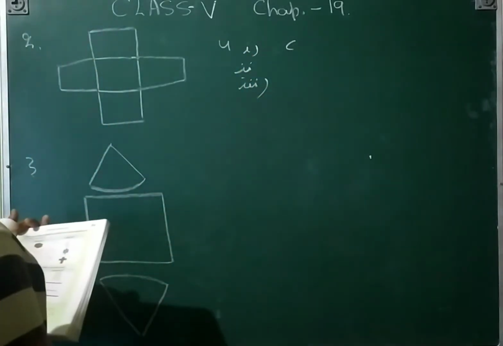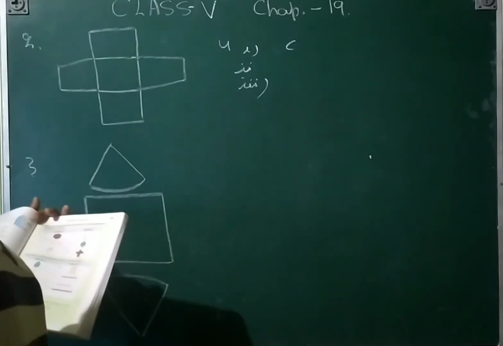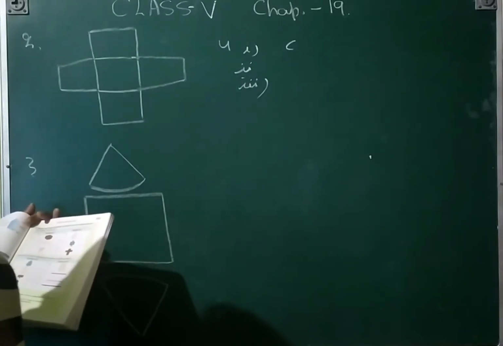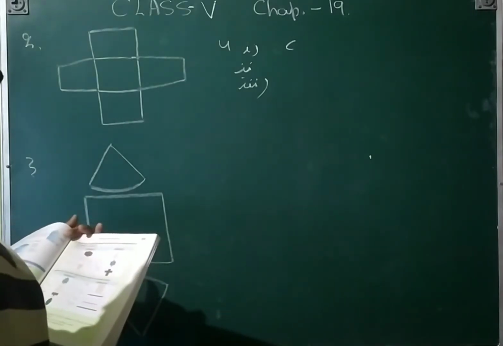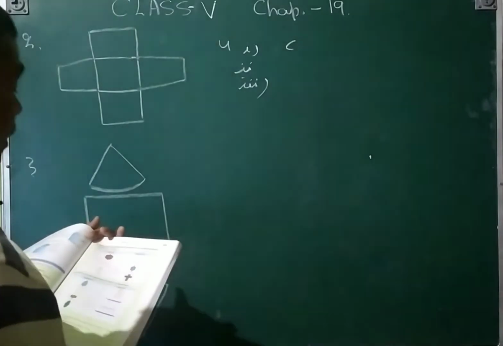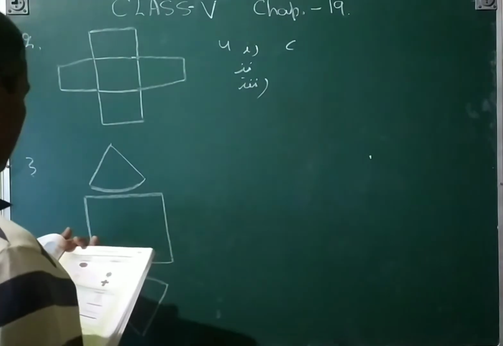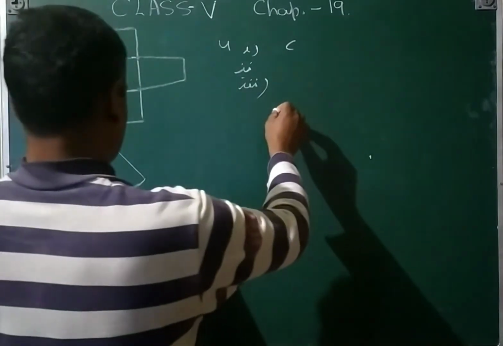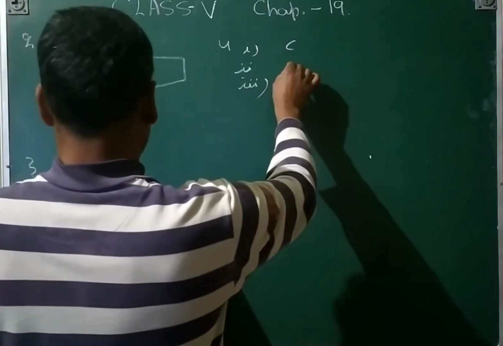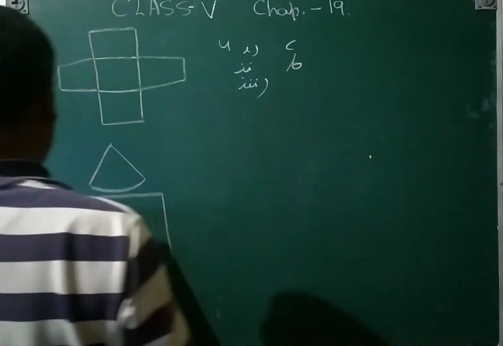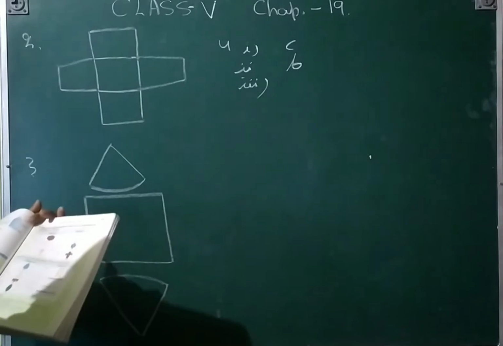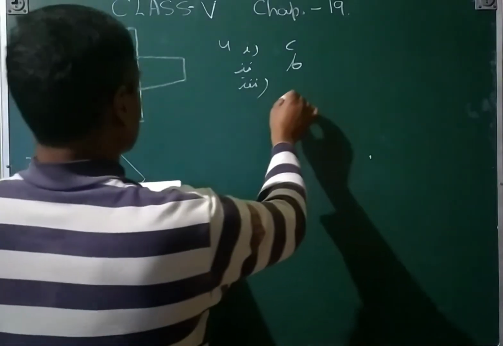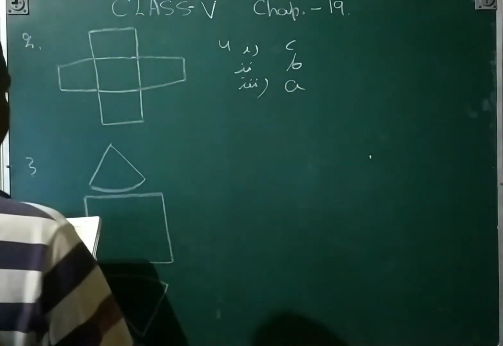Then that is a pencil, like a pencil, a rod. That is cylindrical. So a cylinder has one rectangle, or that will be a square, and 2 circles also. So that is the B part. And then third, the cone. If that is opened, it will be like a sector. So that is the A part.